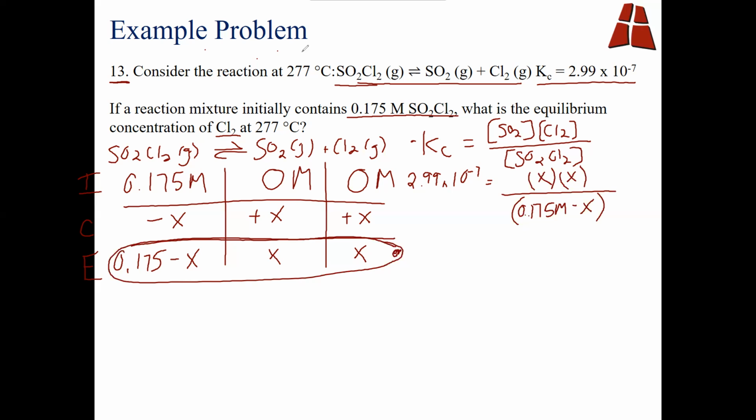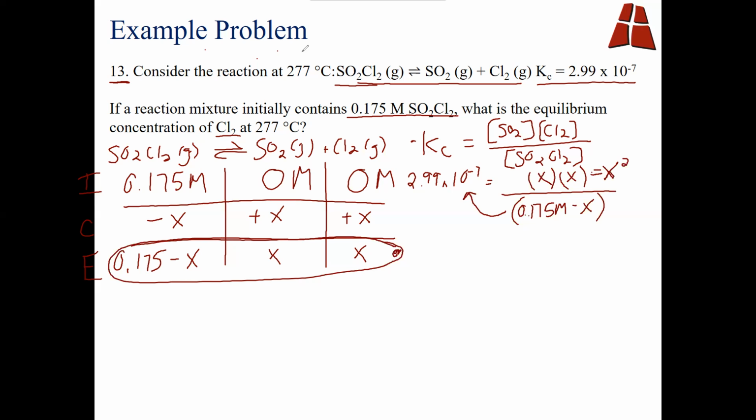What I'm going to essentially do here is multiply this term up, just using algebraic manipulation, and then combine these two x's into just x squared. And then I'm going to subtract that from our other side to set this equation equal to 0.